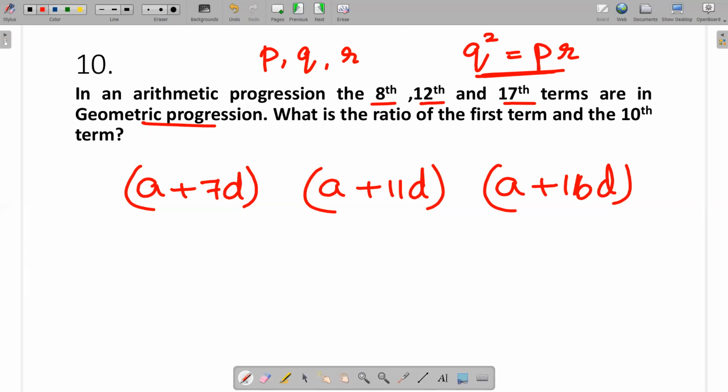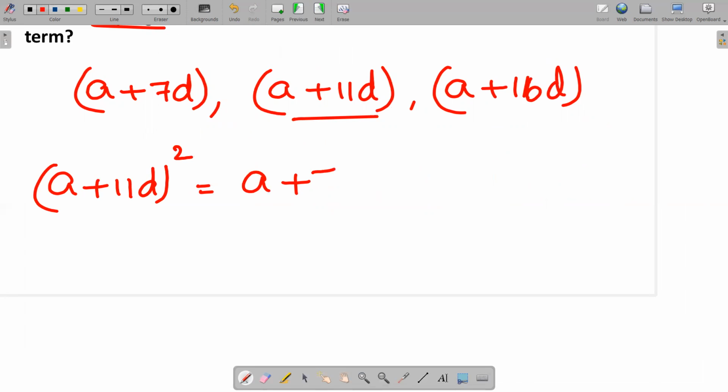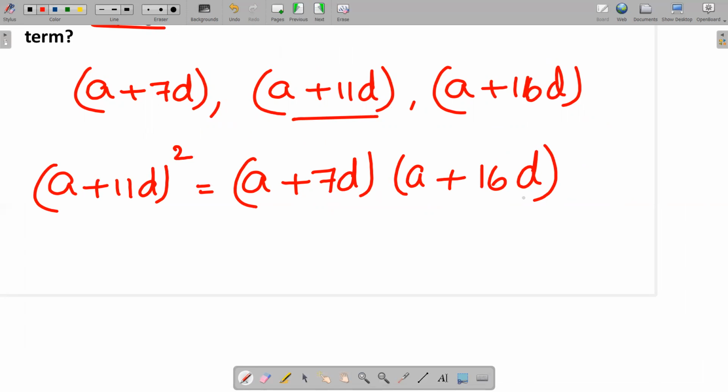So here we have A plus 7D, A plus 11D, and A plus 16D in geometric progression, which means (A plus 11D) square is equal to (A plus 7D) into (A plus 16D). That's what we have.